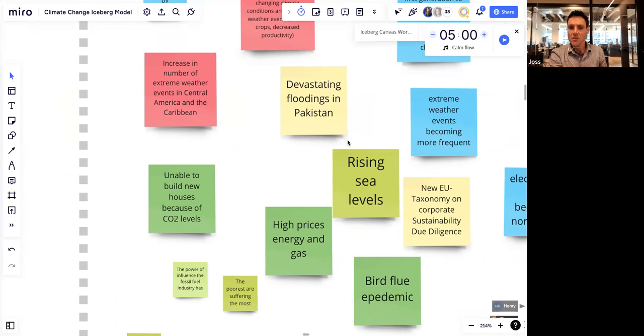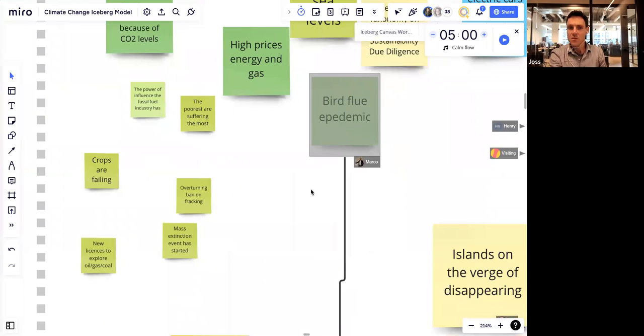The poorest are suffering the most. The power of influence the fossil fuel industry has. Crops are failing. Overturning ban on trafficking. Mass extinction event has started. New licenses to explore or to exploit, I assume, and explore oil, gas, coal.